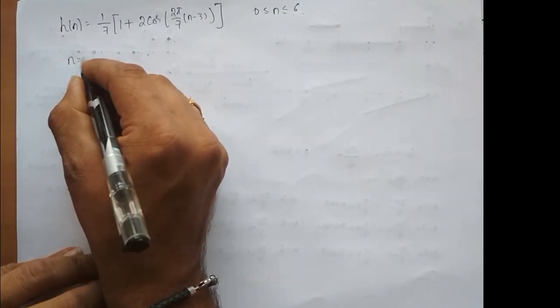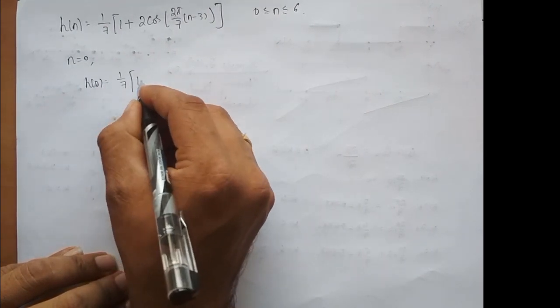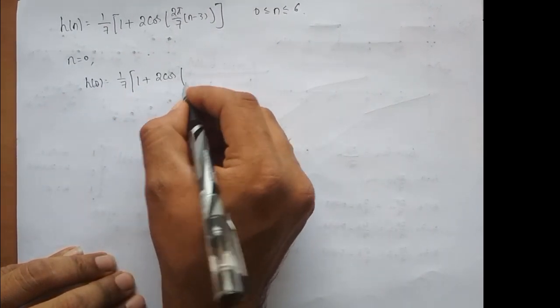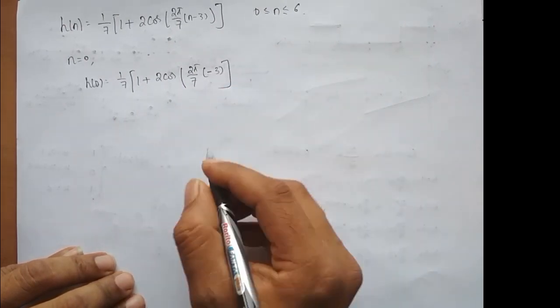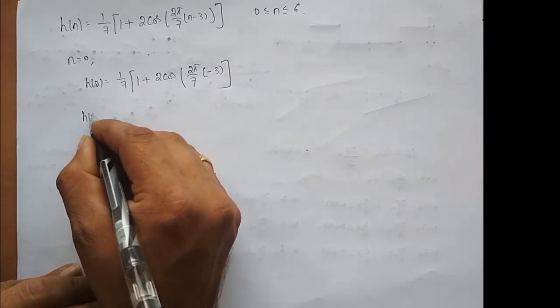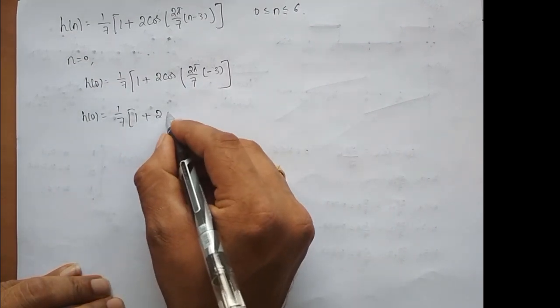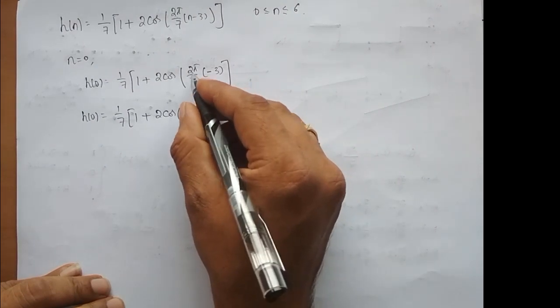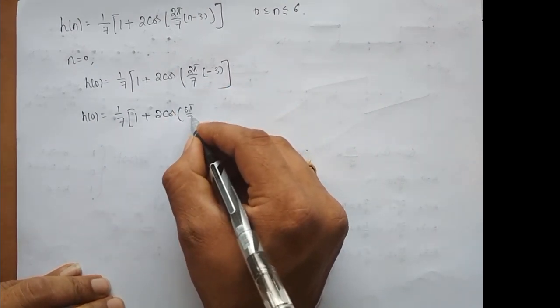Now for n equal to 0, h of 0 is equal to 1 by 7 into 1 plus 2 times cos of 2 pi by 7 into minus 3, because n equal to 3, right? So h of 0 is equal to 1 by 7 into 1 plus 2 times cos of, since cos of minus theta is cos theta, cos of 6 pi by 7.